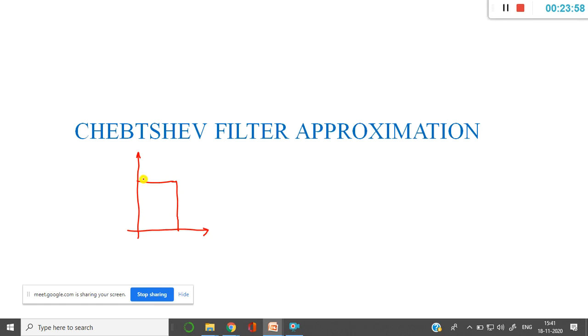Butterworth derived an approximation method, where I start here, and as omega increases, the frequency response falls down very fast. Monotonically it decreases, right?